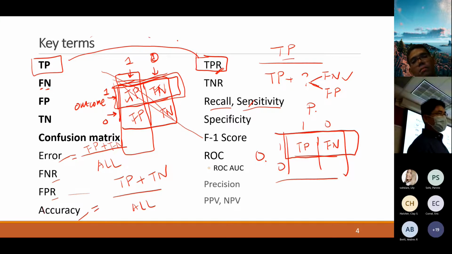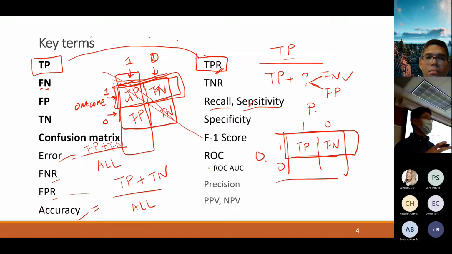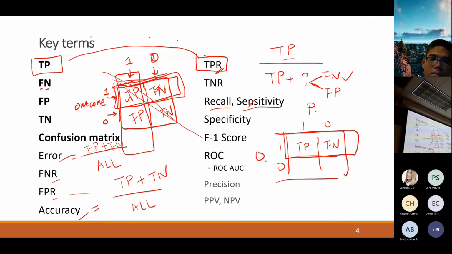So, among all the actual positive cases, let's say COVID, let's say we have 50 COVID diagnosed patients somehow went away into the wild.